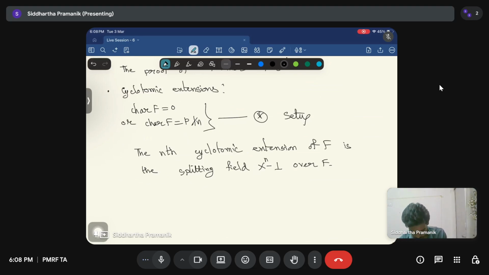Then we want to prove some properties of this extension.